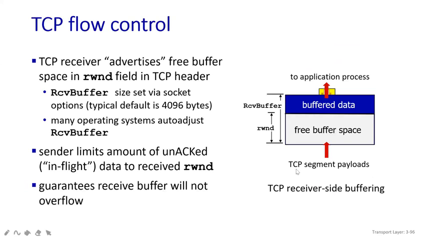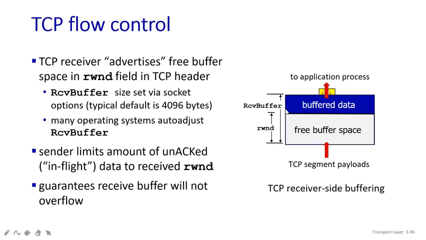Inside your TCP segment payloads there are two things: one is your buffer data, and one is your free buffer space, which means unbuffered data. So there will be some space which can hold the next packets of data, and this is connected to your TCP socket, and it moves towards your application process.